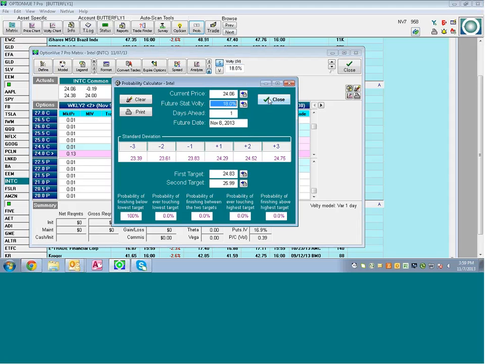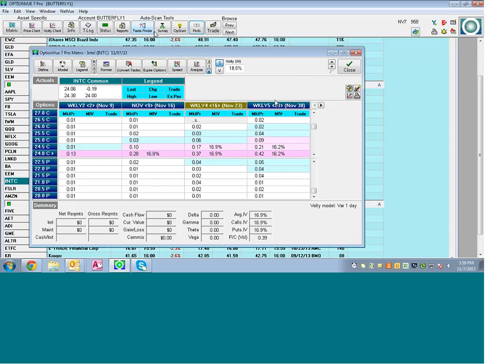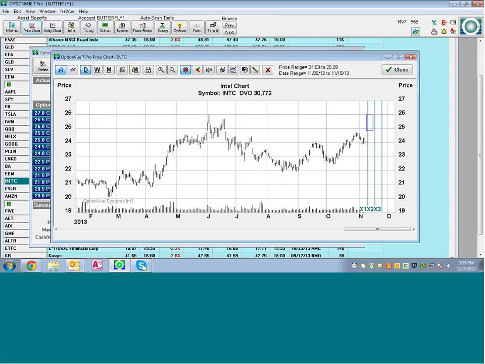I want to just see where, again, based on that price chart, we have a price range that we were projecting of, say, I'm going to round it off, 25 to 26, okay? And we have a holding period of 11/8 to 11/15.